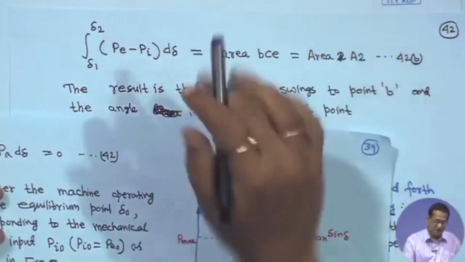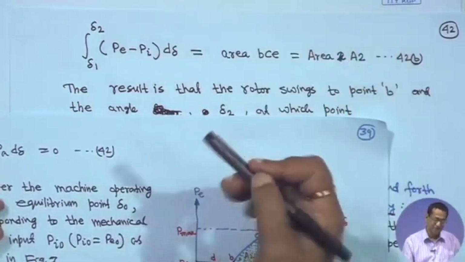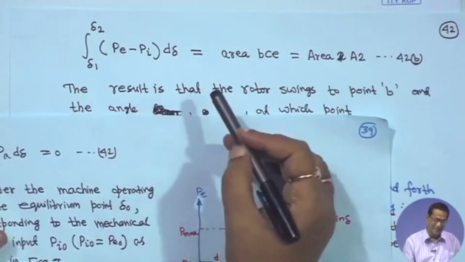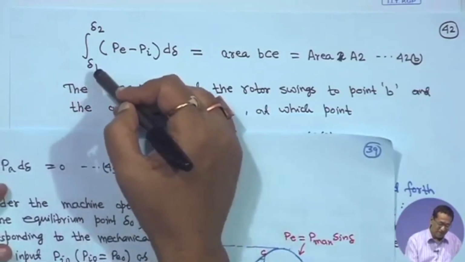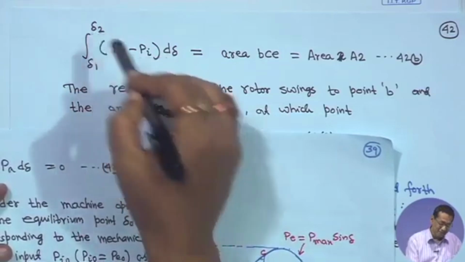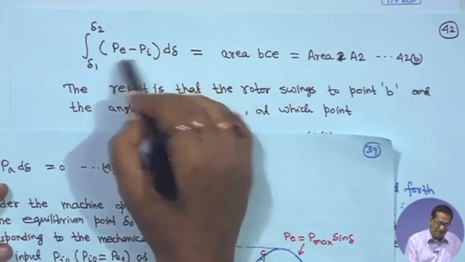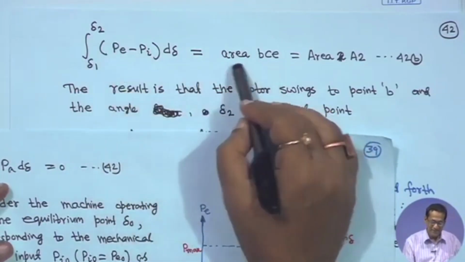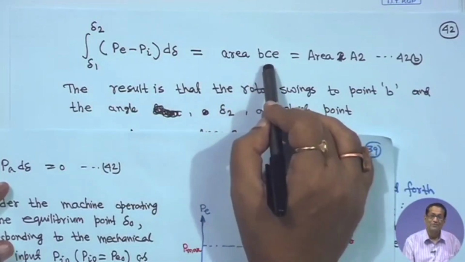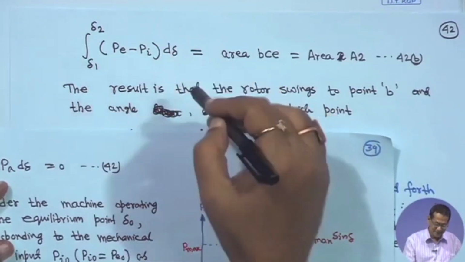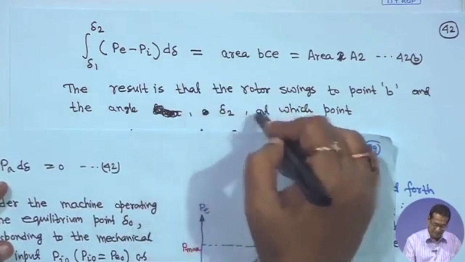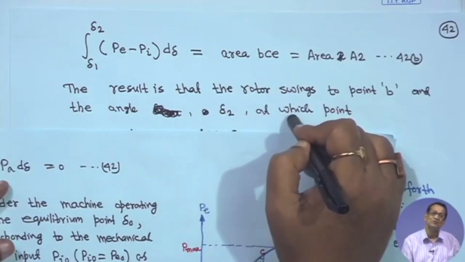In some books you will find the decelerating energy written from delta_1 to delta_2 as (P_i minus P_e) d delta, which means this area will become negative. After that they take the absolute value of area 1 equal to the absolute value of area 2, which is also true.